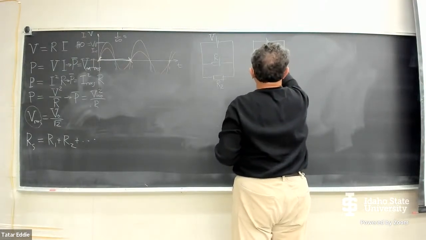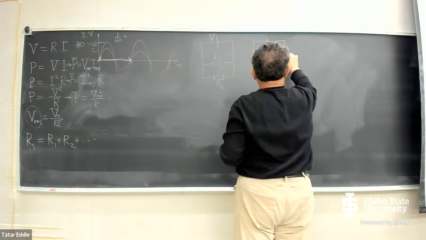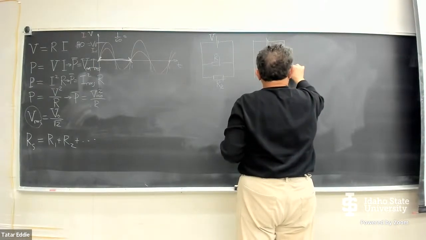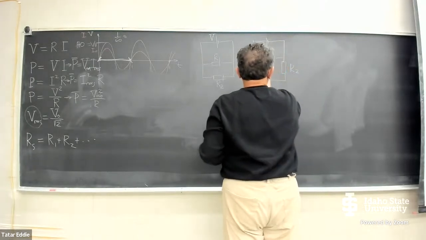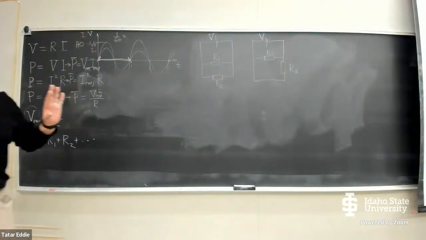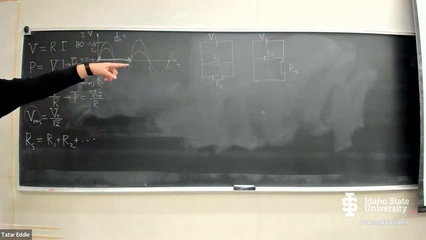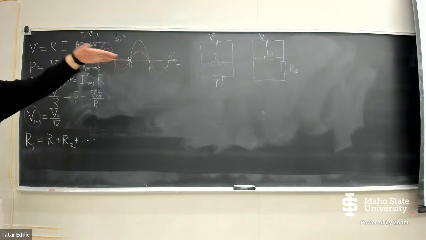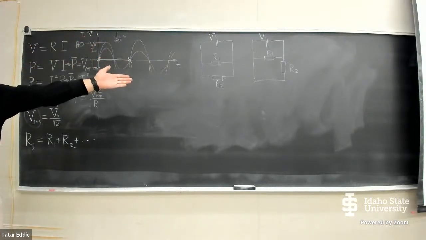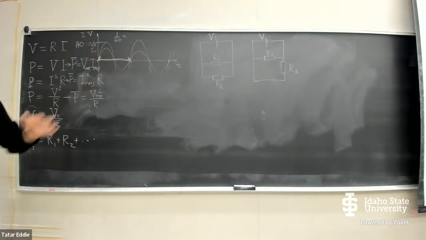Here is the first resistor, and here I can draw the second resistor. This is exactly the same circuit, no difference whatsoever. But we still say, even though the two resistors are drawn perpendicular, this is still a connection in parallel.